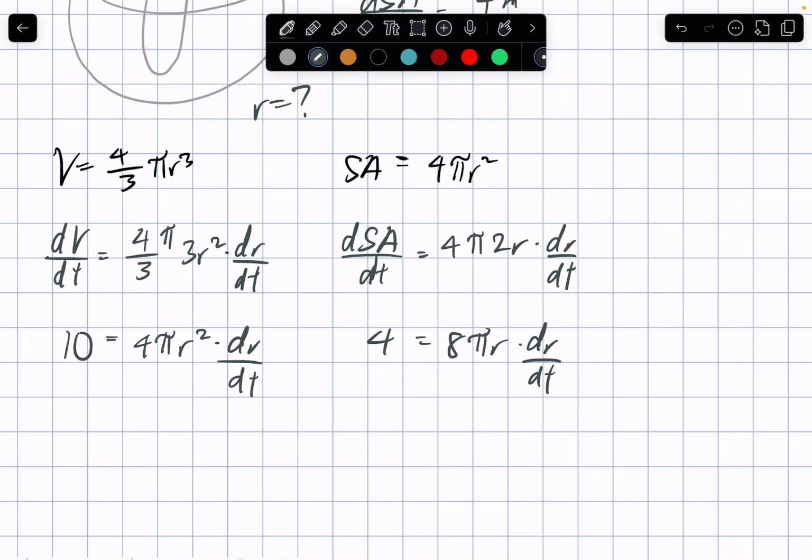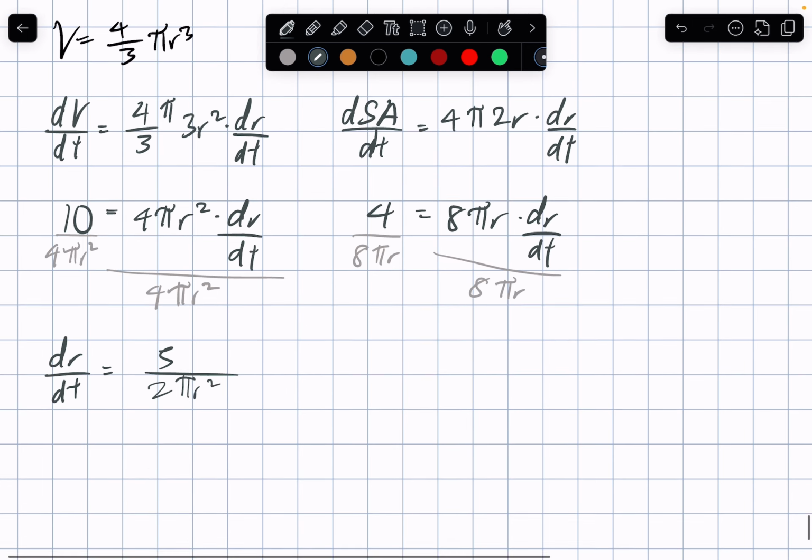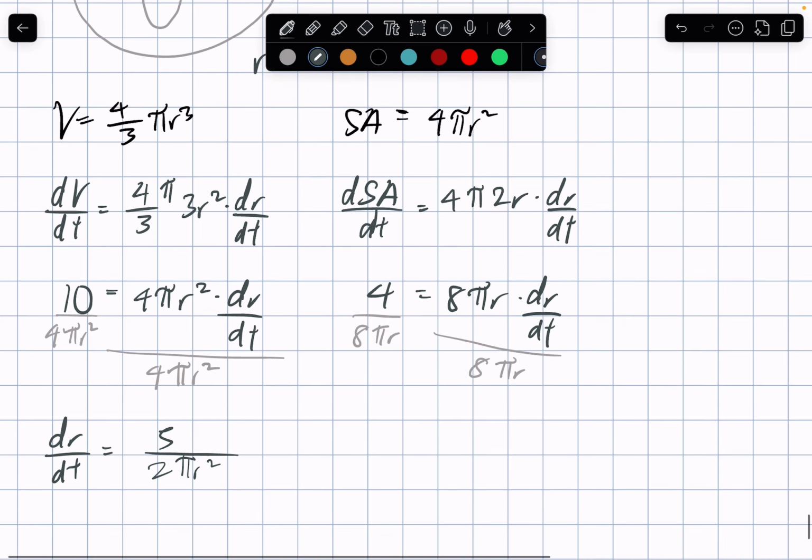Now what do we do next? We express everything in terms of, well, only in one side will dr over dt be situated. So that's what we intend to do. So we have dr over dt is equal to 10, let's say 5 over 2 pi r squared.